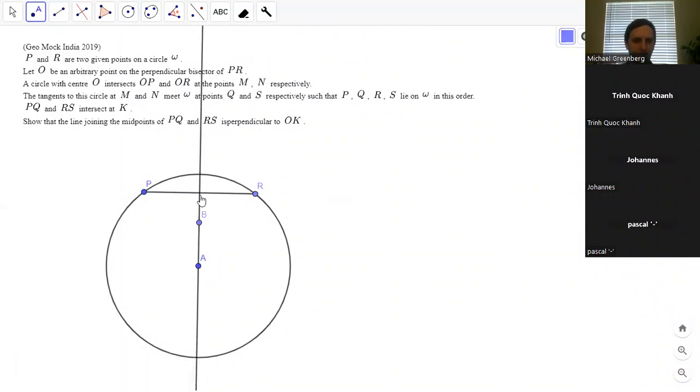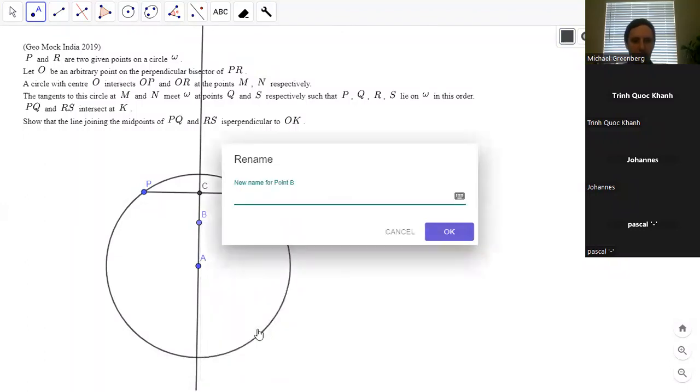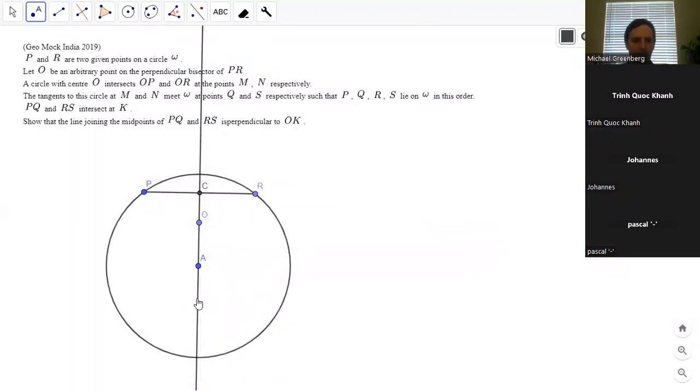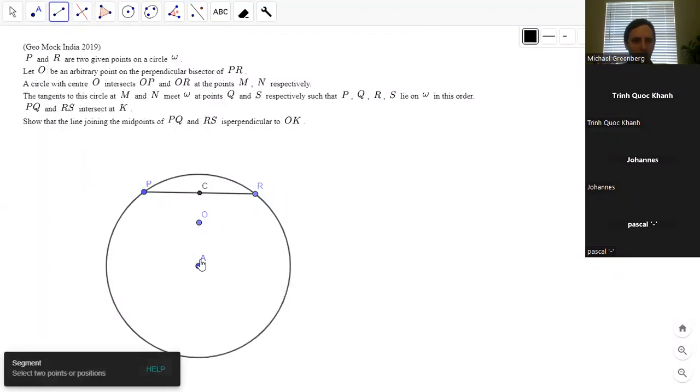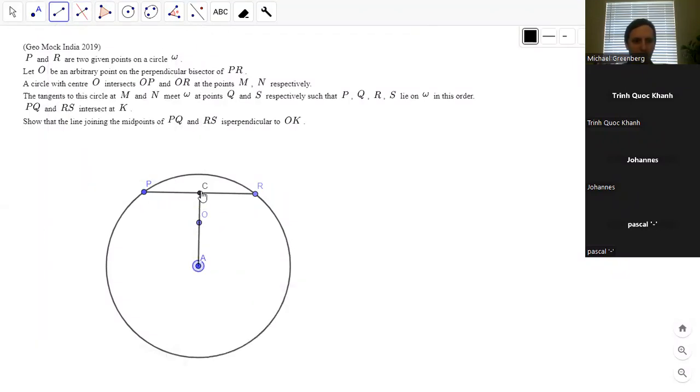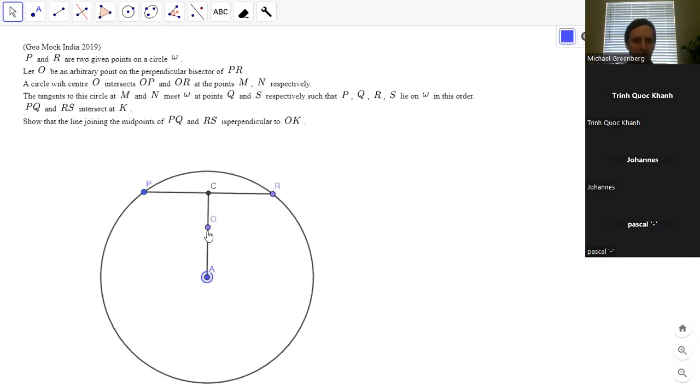So we could just let this be O right here. And not only that, we have a circle, an arbitrary circle of arbitrary radius with center O.